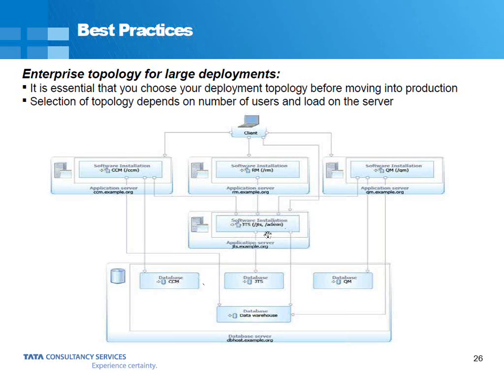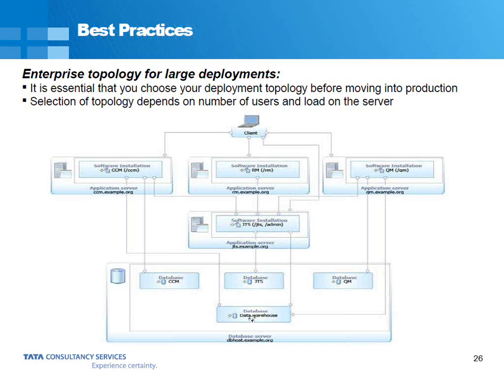JTS can also be installed on another machine. For the requirements manager and JTS, we can share the database, but for each of the other applications, that is CCM and QM, we have different databases, as well as a data warehouse. So this is one of the topologies.